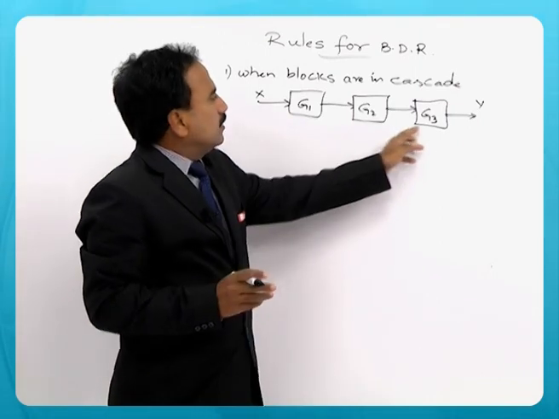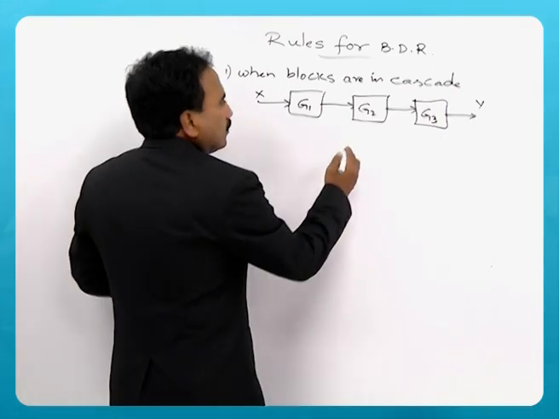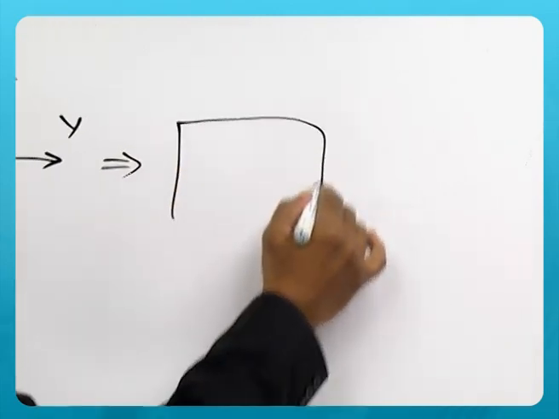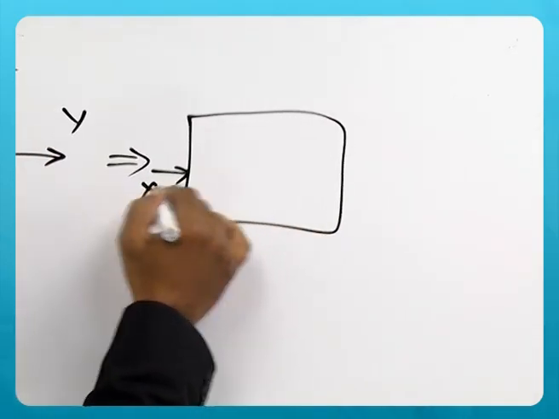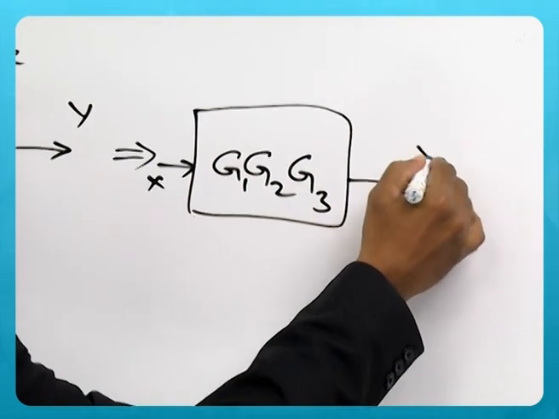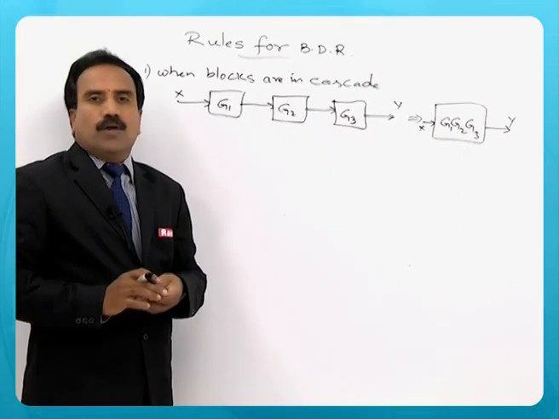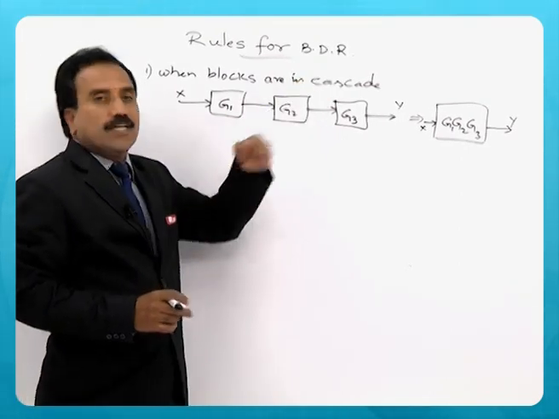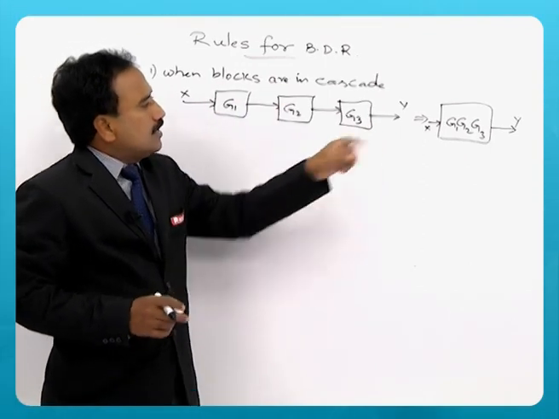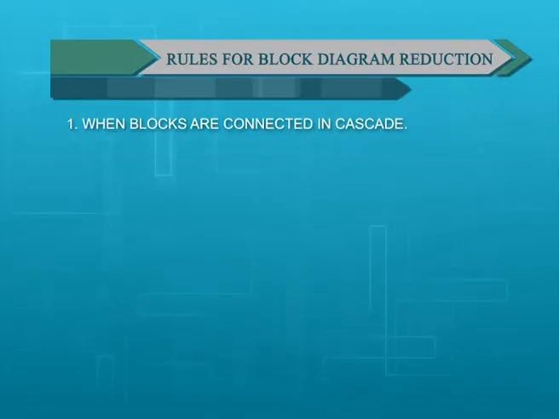So, G1, G2, G3 block gains are in cascade, and I can reduce this into a single block: X, G1 G2 G3, and then Y. So, 3 blocks reduced to 1 block. This is block diagram reduction rule 1, that when the blocks are in cascade, the resultant will be the product of the individual gains.